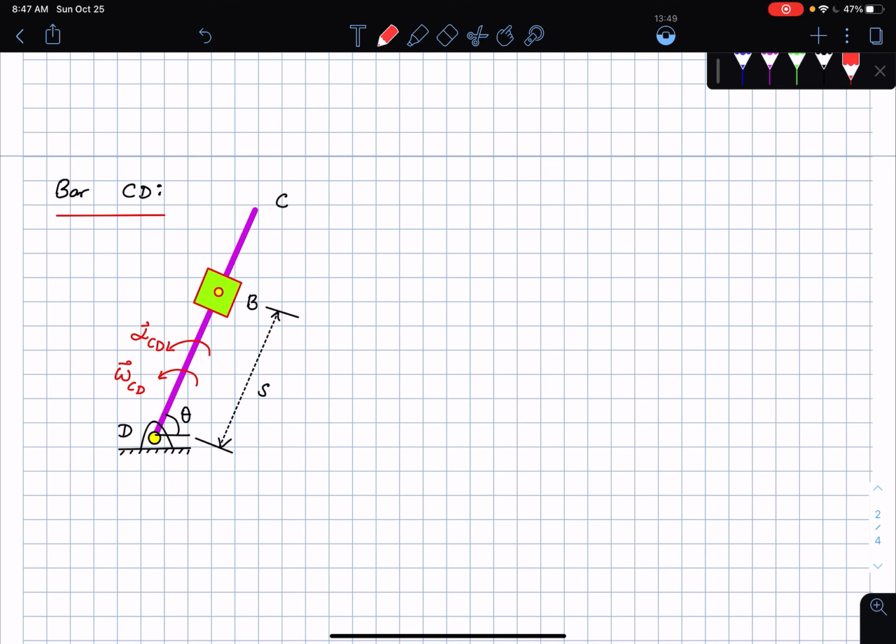This collar at B, as you can see, is the collar. The collar at B can slide relative to CD. What this means is that if I keep the bar CD fixed, the point B is going to have a velocity relative to CD.